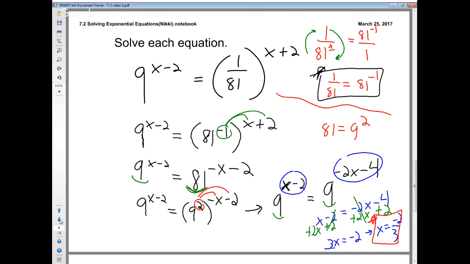The only thing that was different this time was we had to figure out how to deal with bases that were fractions. And we know that basically flipping the fraction and making the exponent negative will help us out in this case.